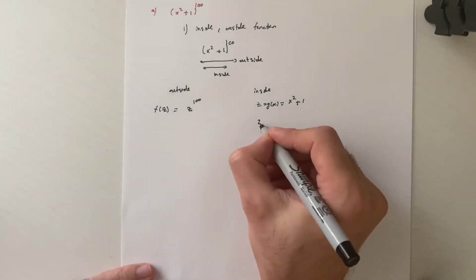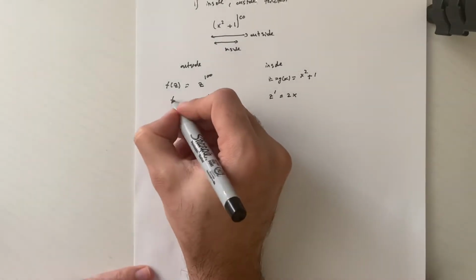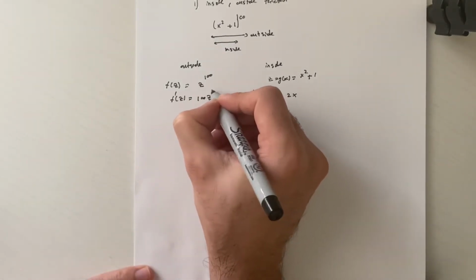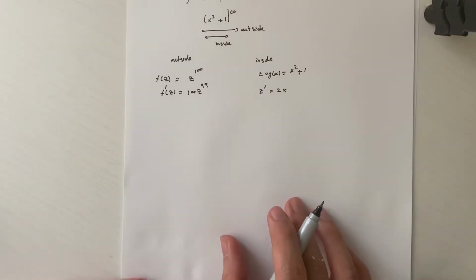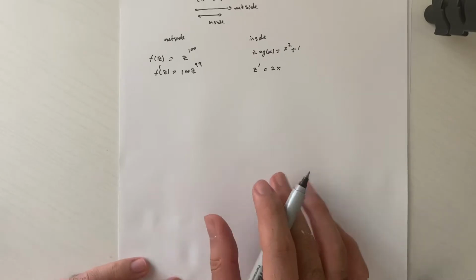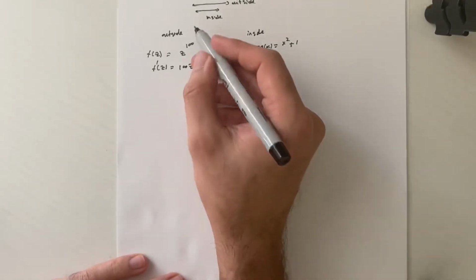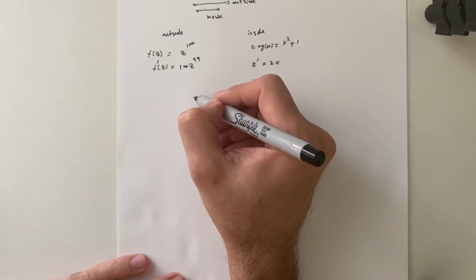Now after finding z and f of z, we take their derivative, so we use the power rule here. Now after taking the derivative, we are ready to apply the chain rule. We only have to multiply f prime of z by z prime.